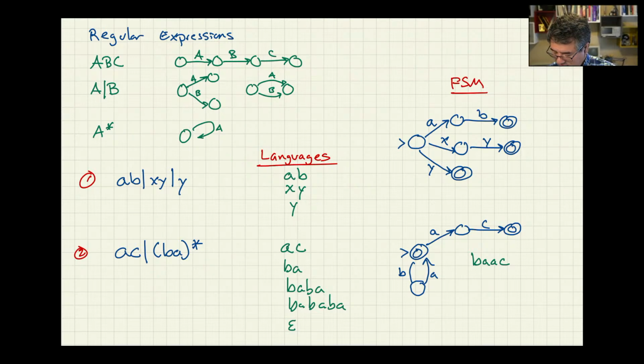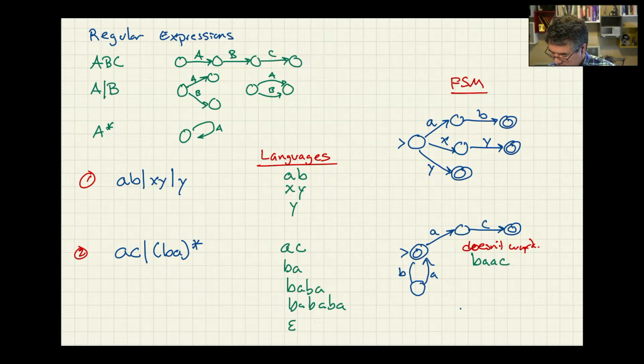The problem is this finite state machine allows us to go back to the starting state and then branch off again and go down a different branch. We need to prevent that somehow. We need to make sure that once the machine goes down that lower branch, it stays there and isn't able to go back and do a different branch. So this one is not going to work.